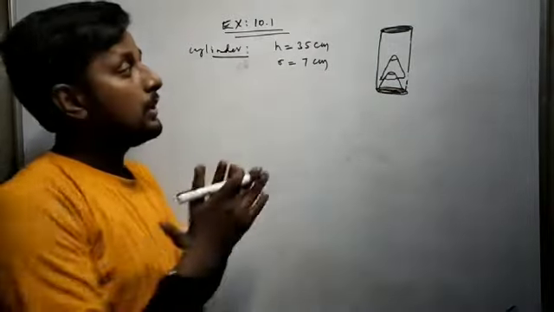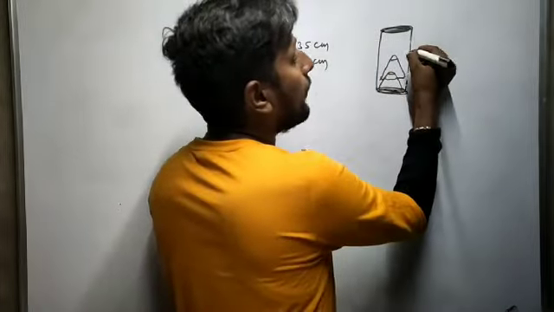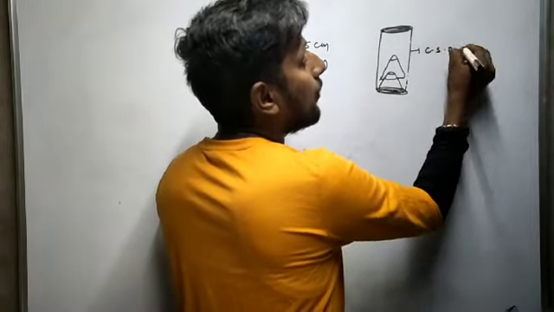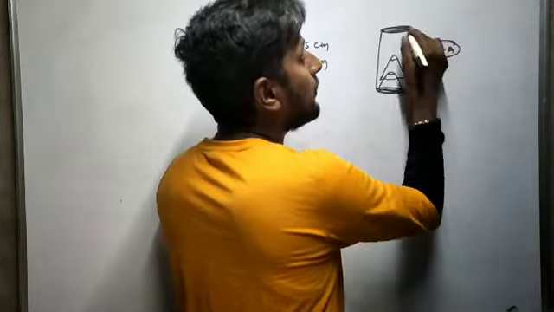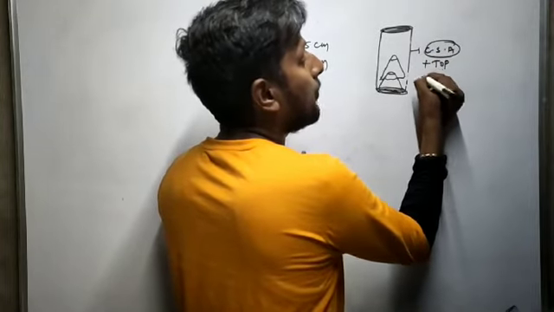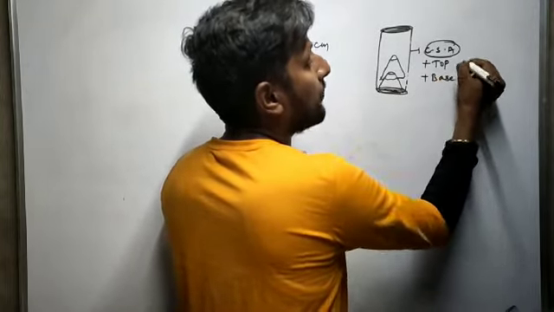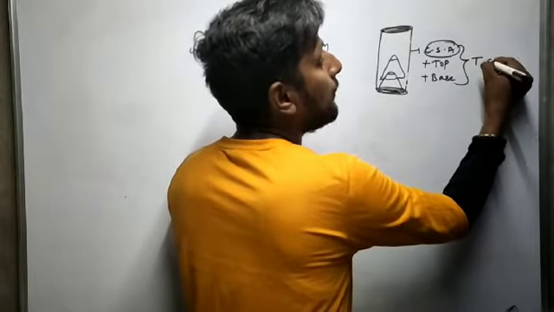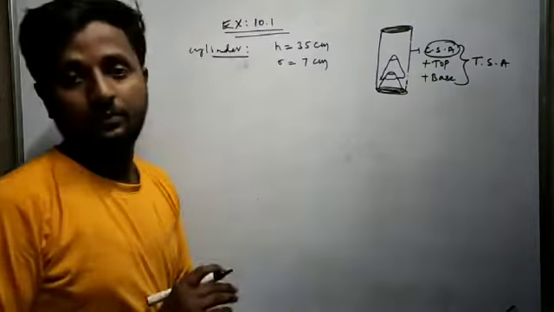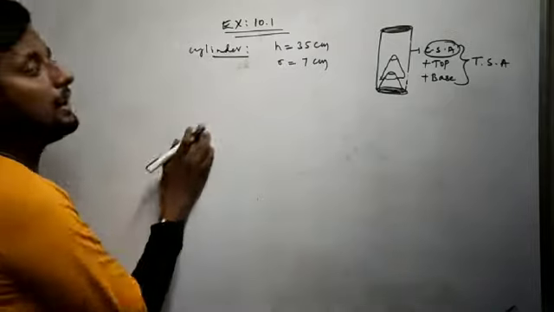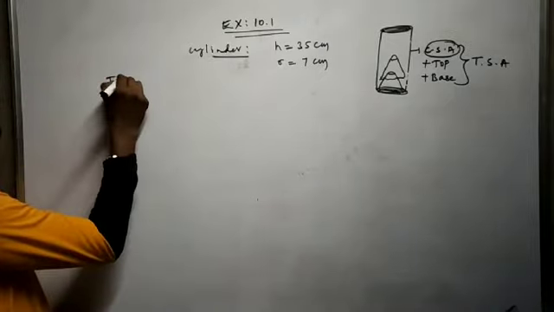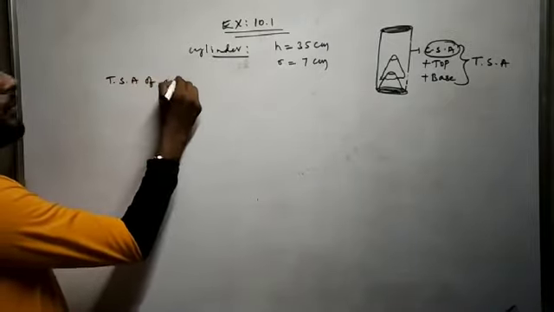So we are not talking only about CSA. We should find CSA, plus the top, plus the base also. The overall sum of these can be called TSA. The shape is a cylinder, so now I can write the TSA of a cylinder.